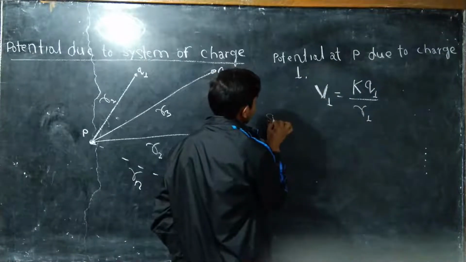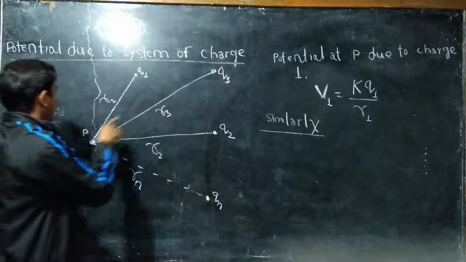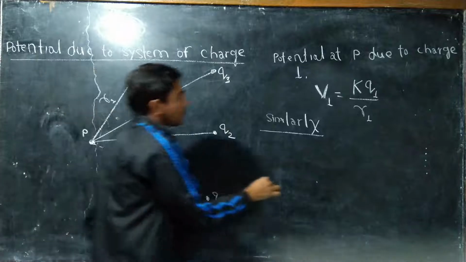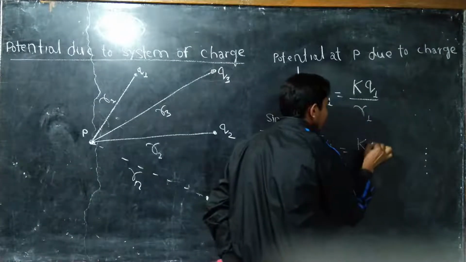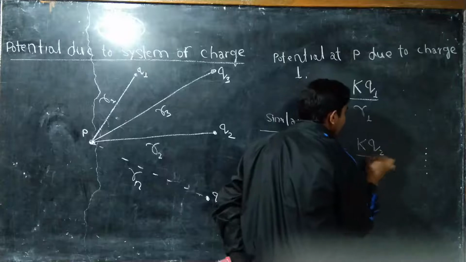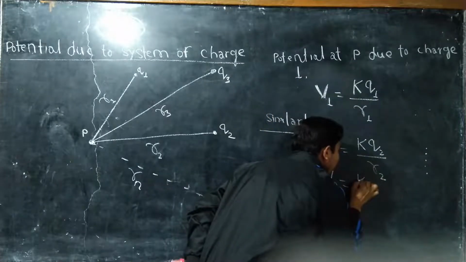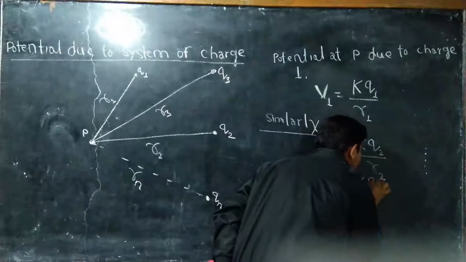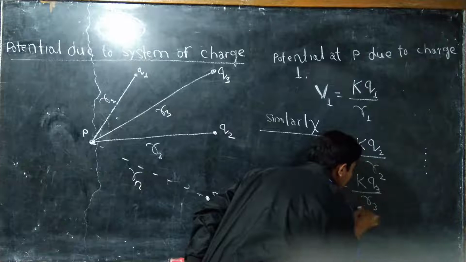Similarly we can write the potential at P due to charge 2, that is V2, and that value is kq2 by r2. This way we can also write V3, which is kq3 divided by r3.